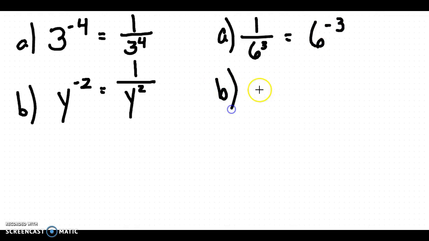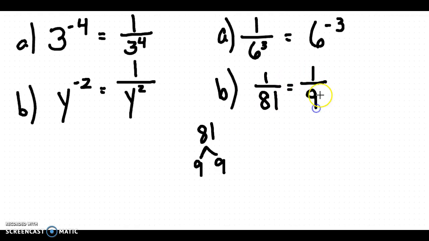For part B, we have 1 over 81, which might not be obvious what power we have there. But think, 81 factors down into 9 and 9. So we can say this is 1 over 9 squared, or we can say 9 to the negative second.